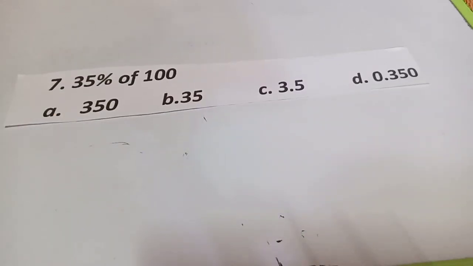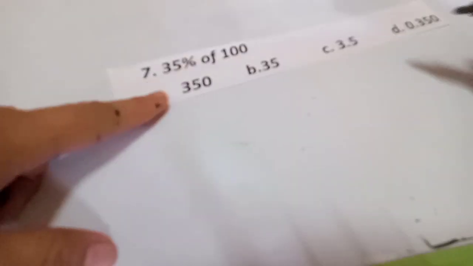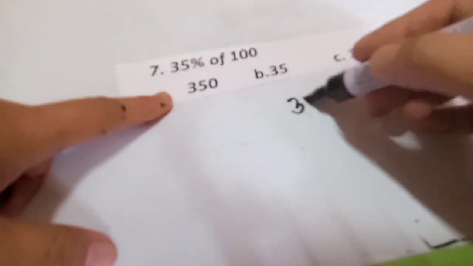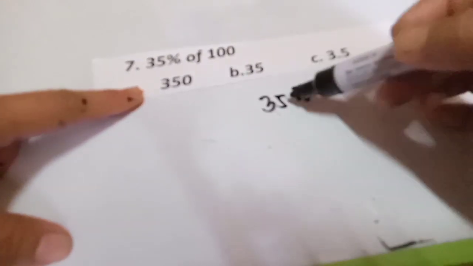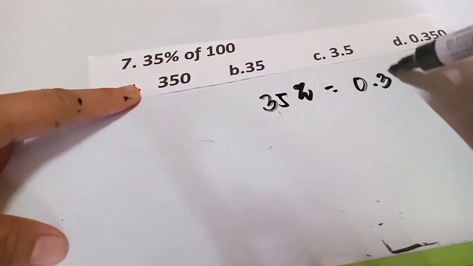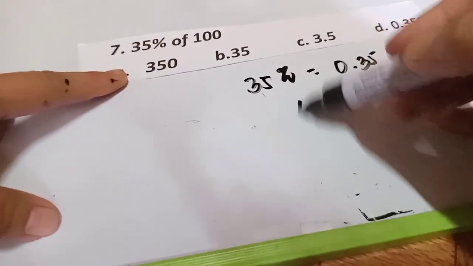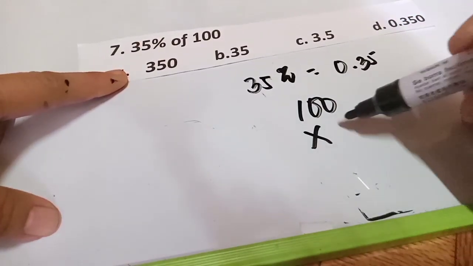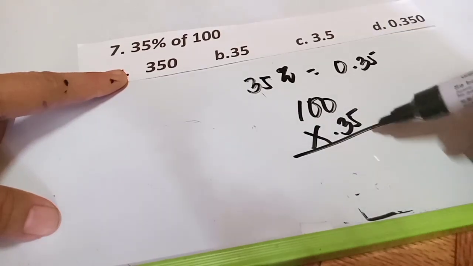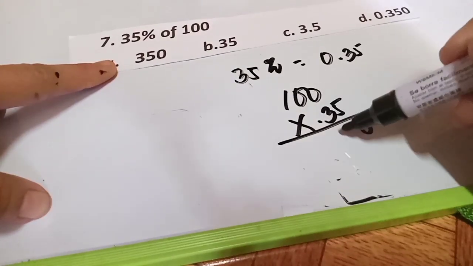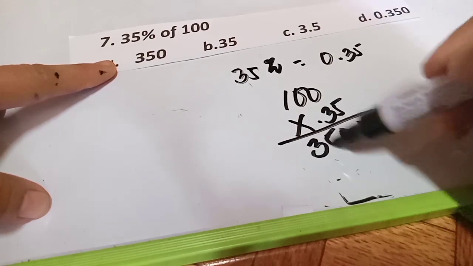Okay, this is already in percentage. So, 35% of 100. We know that 35% will change to a decimal by moving two decimal places. This becomes 0.35. Then after that, we will multiply by 100. So we get 35.